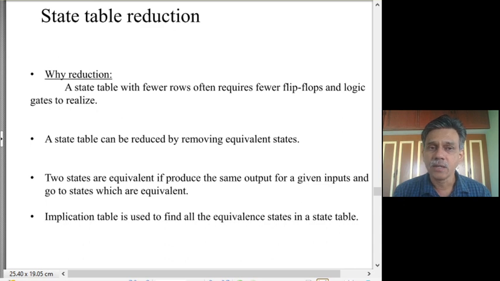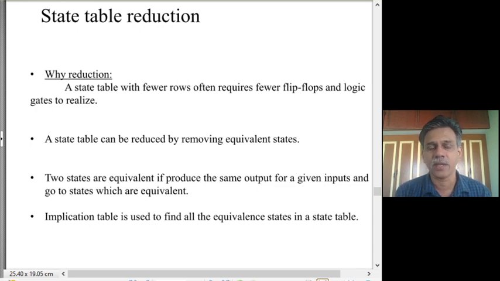In addition, because you put a ceiling operator, there are many values of N which will map onto the same number of flip-flops. Whether it is 6 or 7 or 8, it all corresponds to 3 flip-flops.